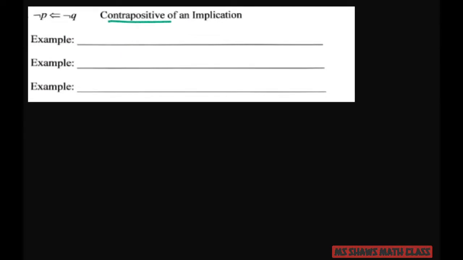And the contrapositive of an implication is the opposite.